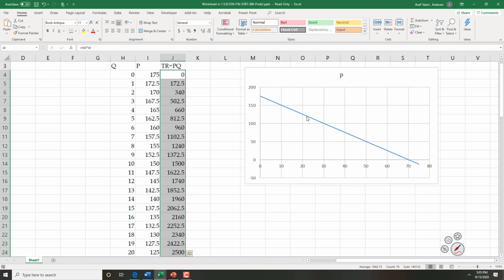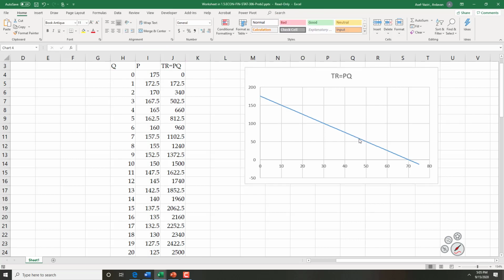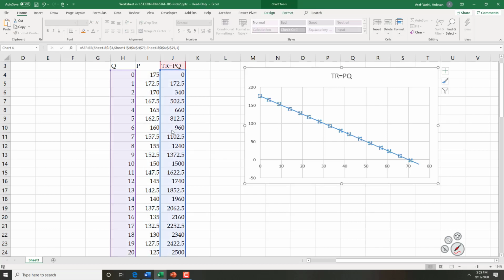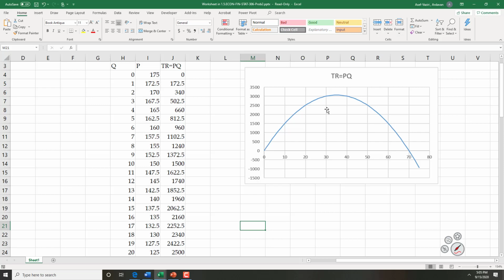Now I click on this. This one is referring to price. I bring it here, so total revenue equal to PQ. Click on it. This one is talking about price. I bring it here to make it revenue, and this is my curve. My total revenue starts from a low value, goes to a maximum, and then comes down.